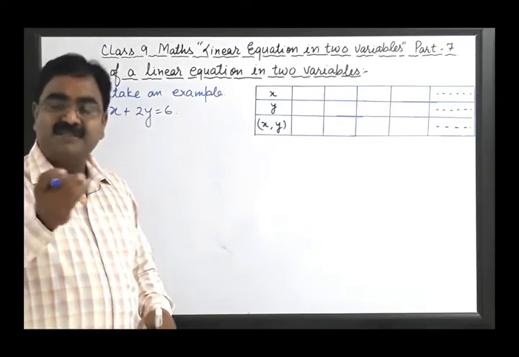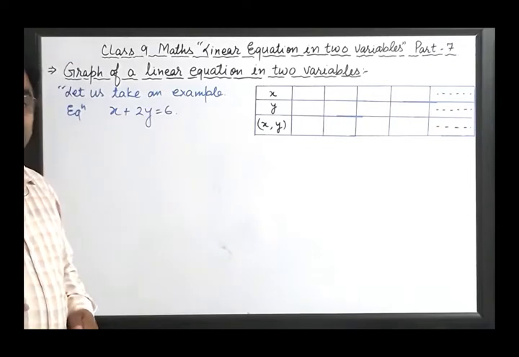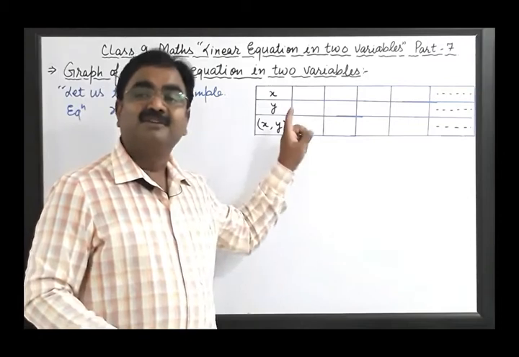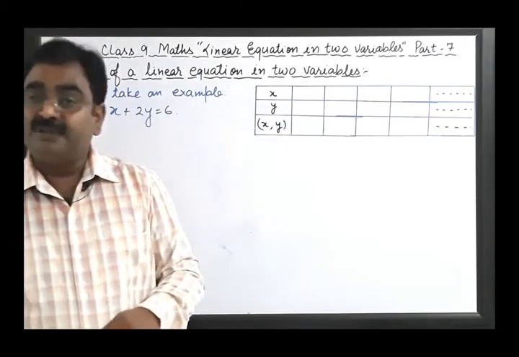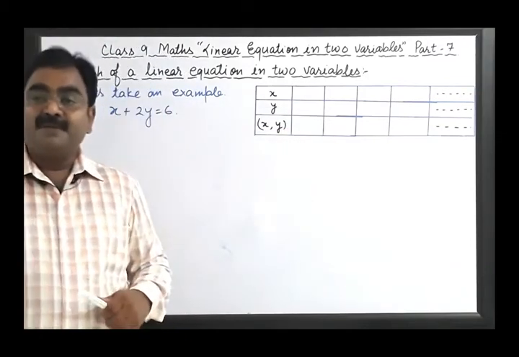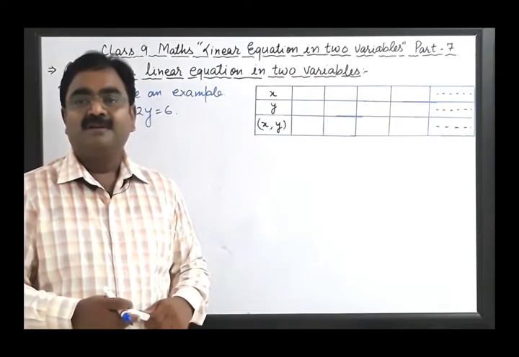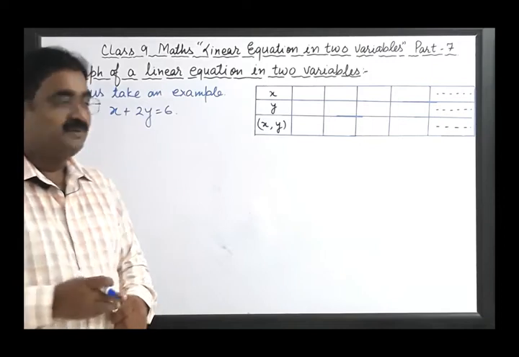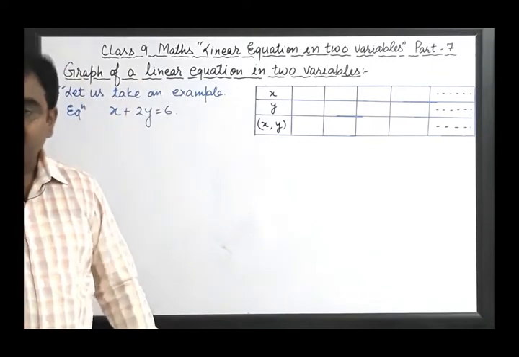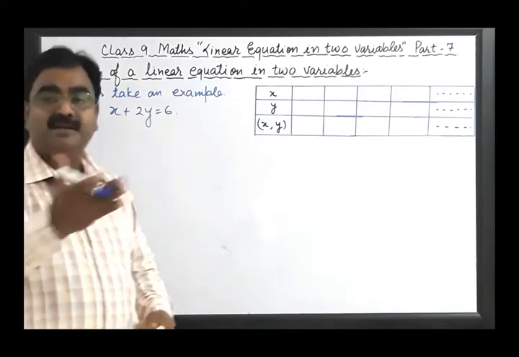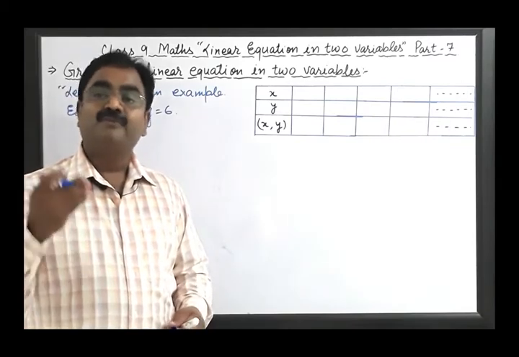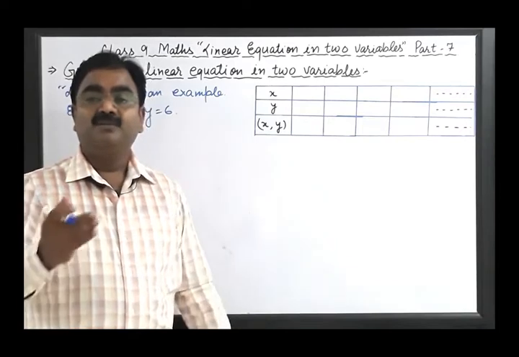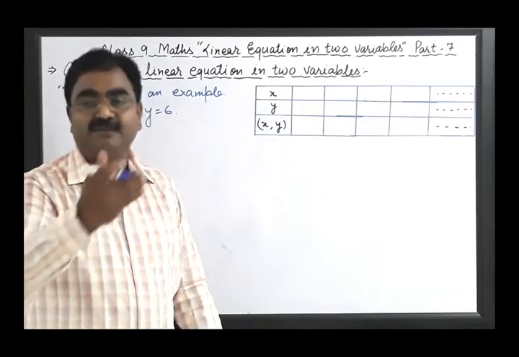Before learning its graph, we have learned in our previous chapter how to get the solution of any linear equation in two variables. Based on that solution, first of all we have to find out the solution. To draw the graph of any equation, we have to find the solution. So we have to apply that method to find the solution of any linear equation.